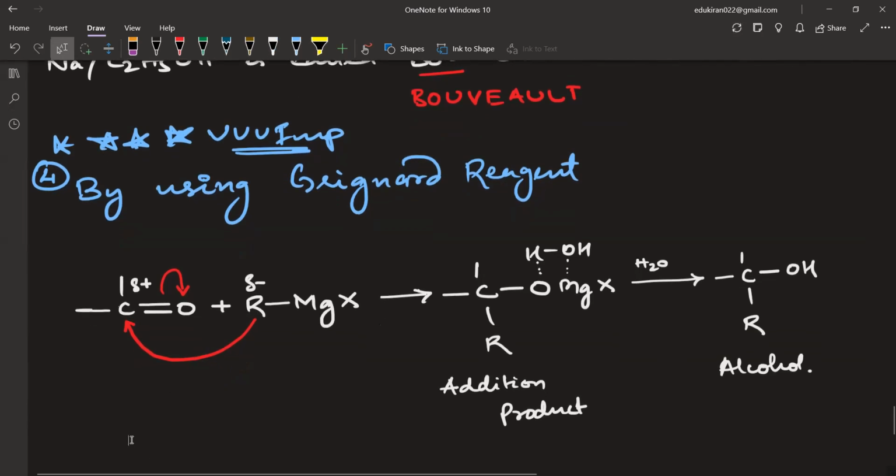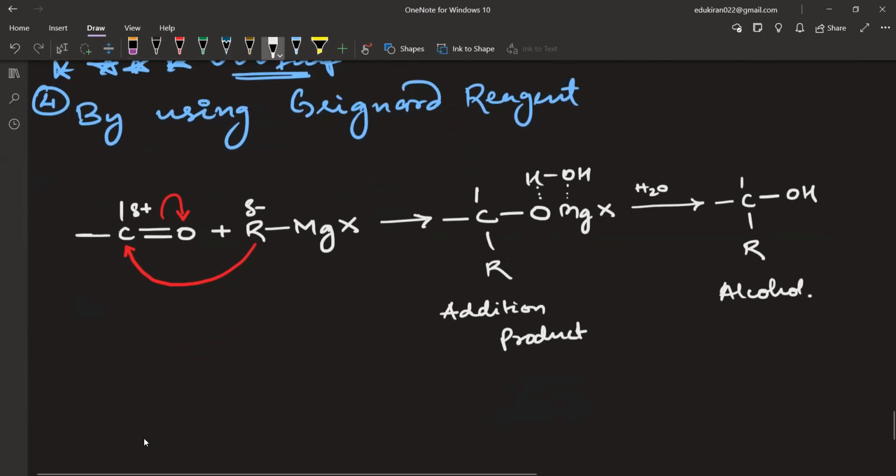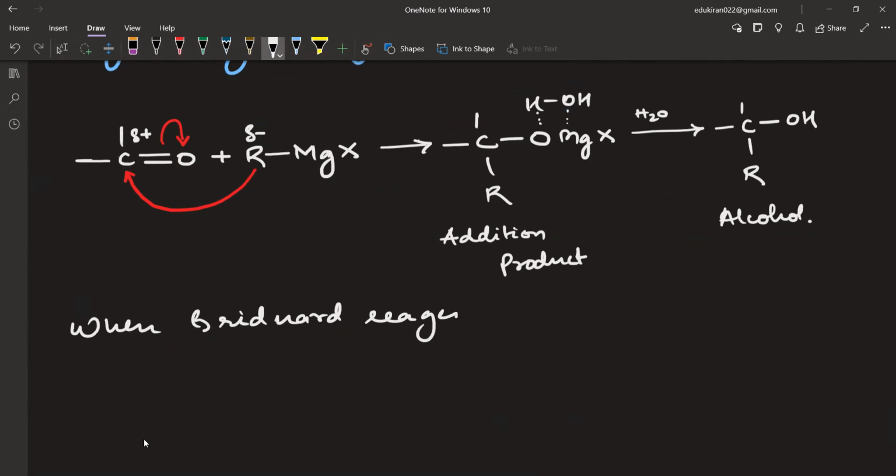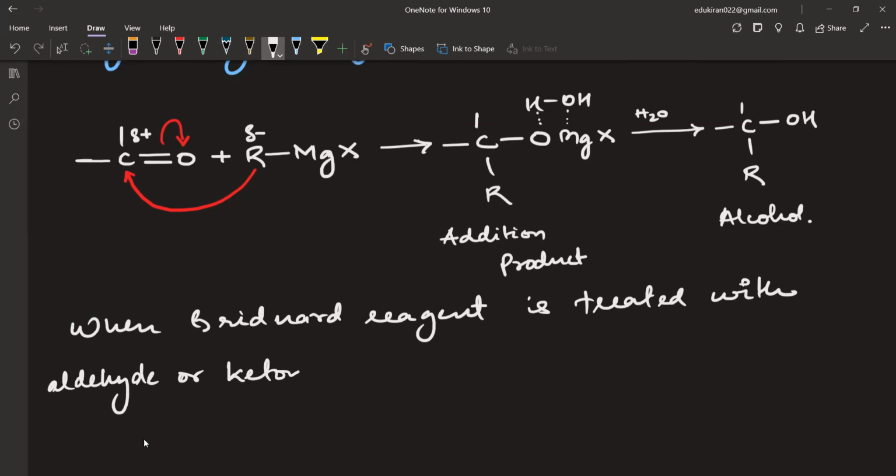Okay, so please write. Please write with me. When Grignard reagent is treated with aldehyde or ketone, they form addition product.